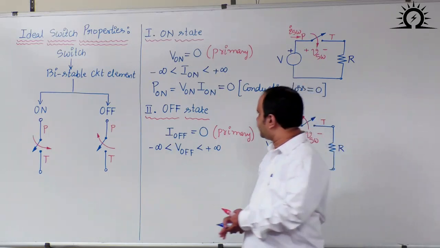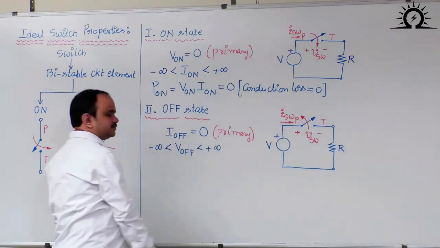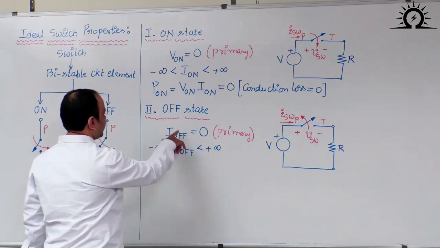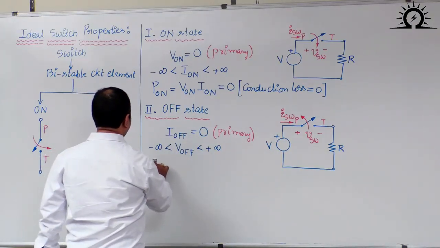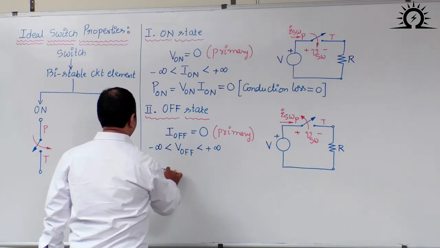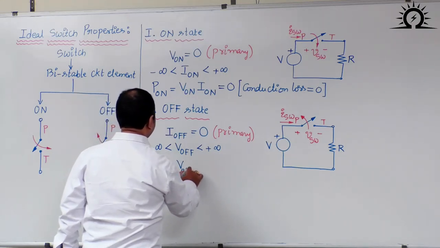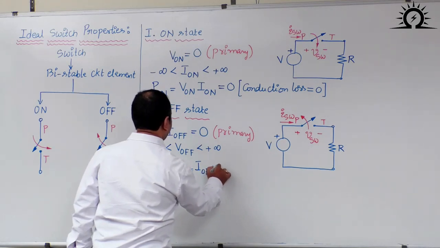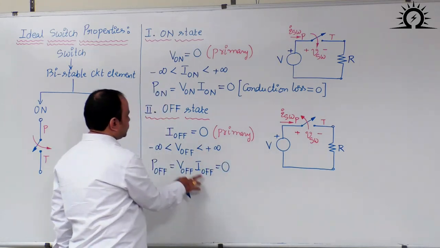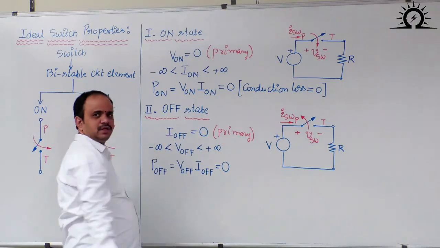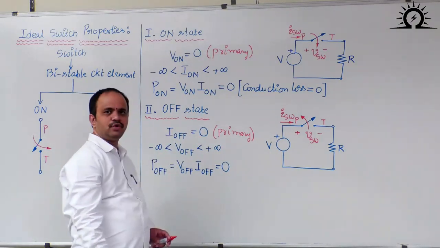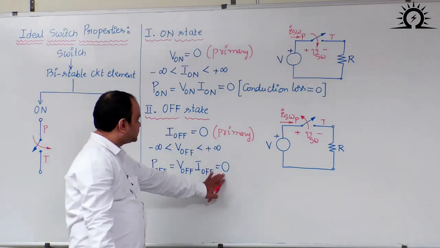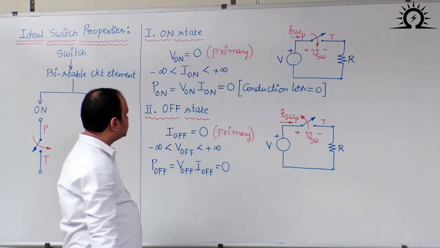Follow carefully. Now in this condition, for example, if you take the product P off is equal to V off into I off. Because I off is 0, no matter whatever the voltage is, the product is 0, right?